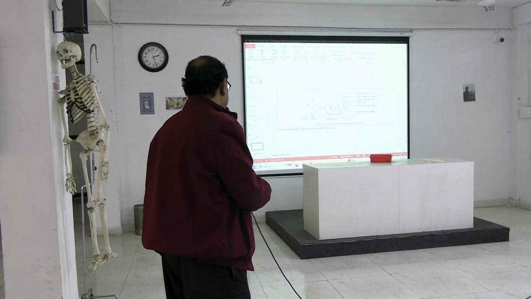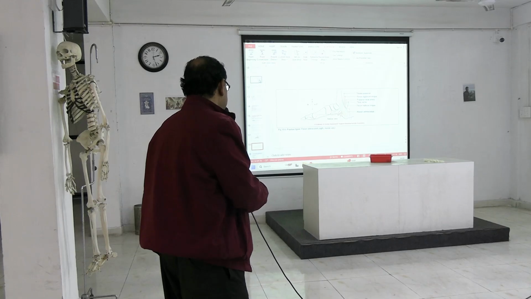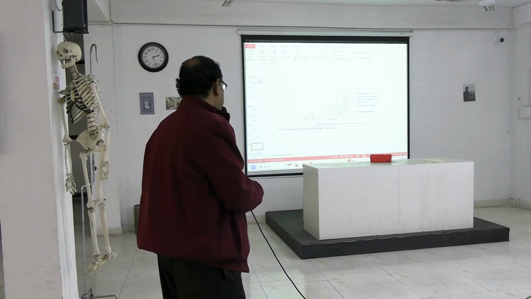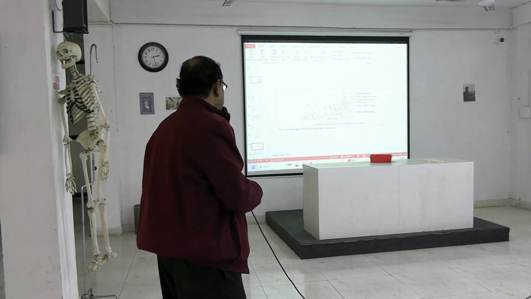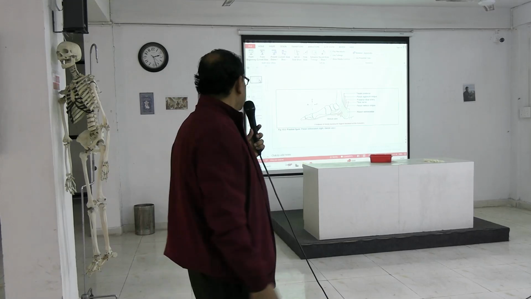So here we can get several muscle tendons, vessels and nerve. From medial to lateral, we can get Tibialis Posterior, Flexor Digitorum Longus, then posterior tibial vessels, tibial nerve, then Flexor Hallucis Longus.